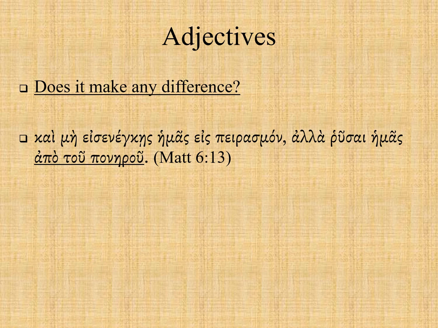So before we finish off, let's take one practical example from Matthew 6:13 from the Lord's Prayer. Does it make any difference how we understand the adjectives? So Matthew 6:13, kai me eis enenkes hemas eis peirasmon alla rysai hemas apo tou ponerou.